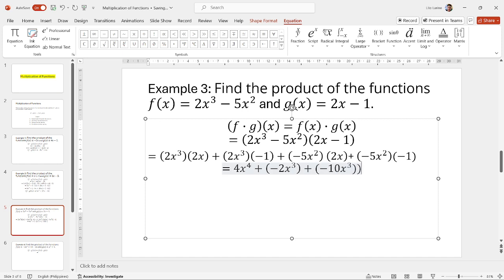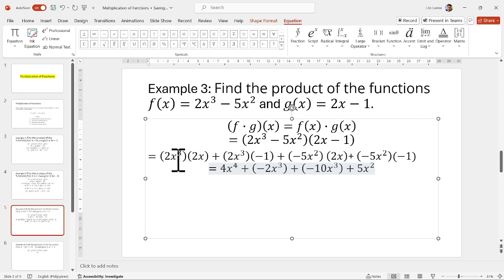Then you have plus, we have negative 5x squared times negative 1. Negative 5 times negative 1 is positive 5. Then copy the literal coefficient and its variable, 5x squared.